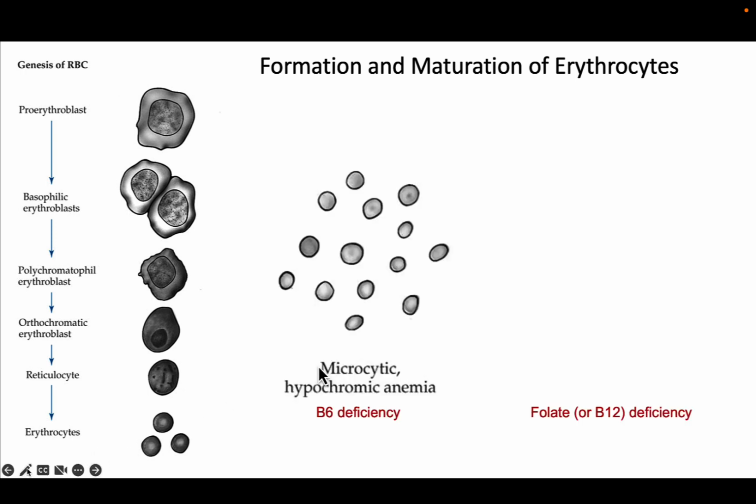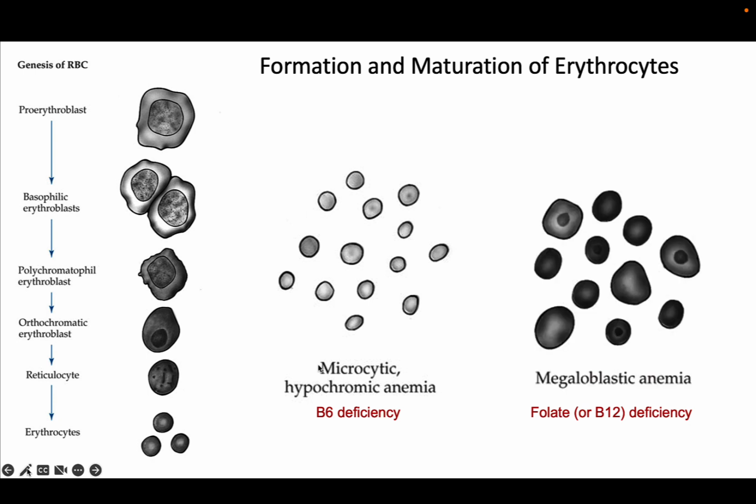If someone develops anemias, particularly folate or B12, we end up with these sort of intermediate erythroblast cells where they still have nuclei, they still kind of have rough edges. They're not perfectly oval shaped like red blood cells.